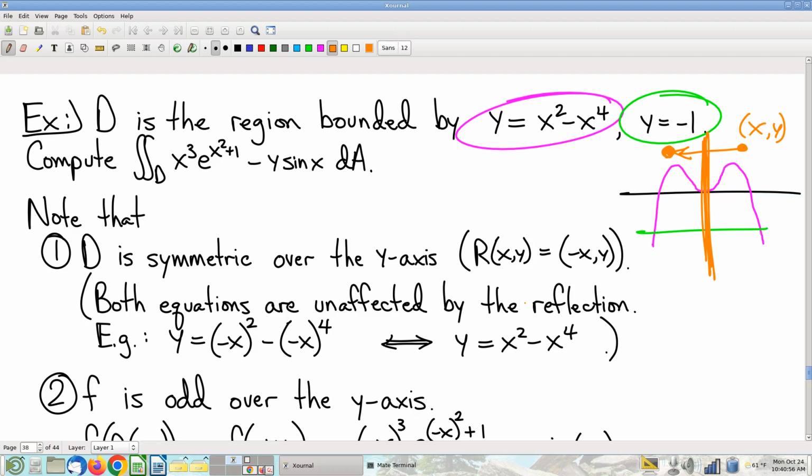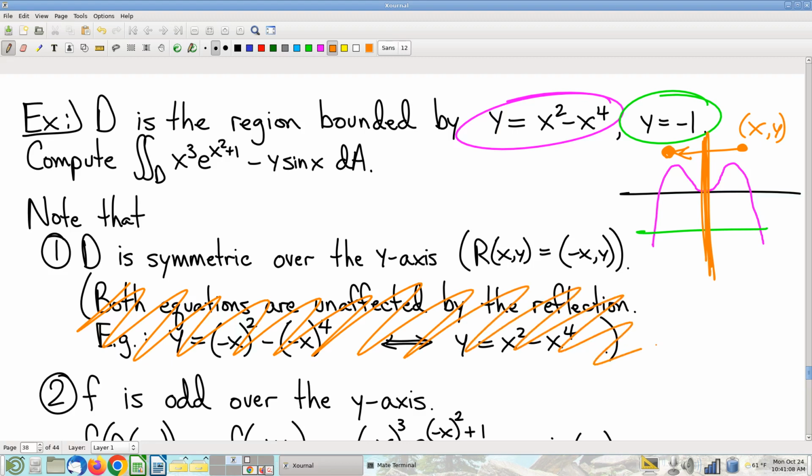You do need to state that your region is symmetric, and you need to actually be correct about that. But you don't have to give any justification. So all of this here is highly optional. It's here to persuade in the context of this lecture, but it's entirely unnecessary on an exam. Is that cool? Okay. All right.